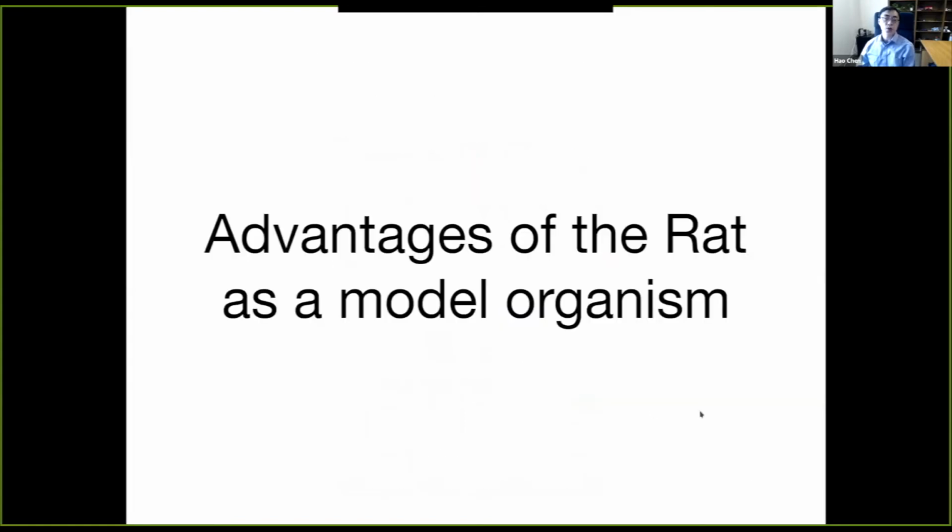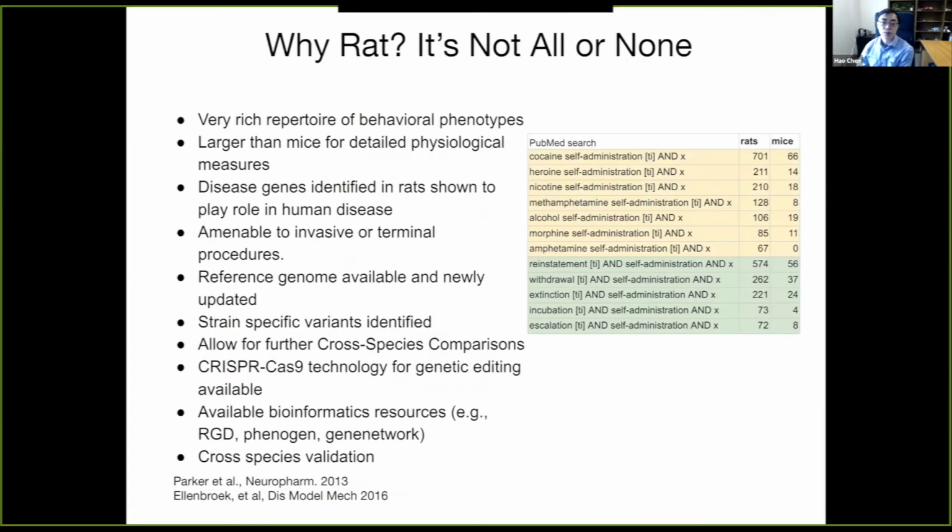So what we are talking about today is the rat hybrid diversity panel, and there are some advantages of using rat as a model organism. To most of us in this community, where we use rats to study addiction, one of the main advantages of rat is the rich repertoire of its behavioral phenotypes. Drug self-administration is the most widely used model for addiction.